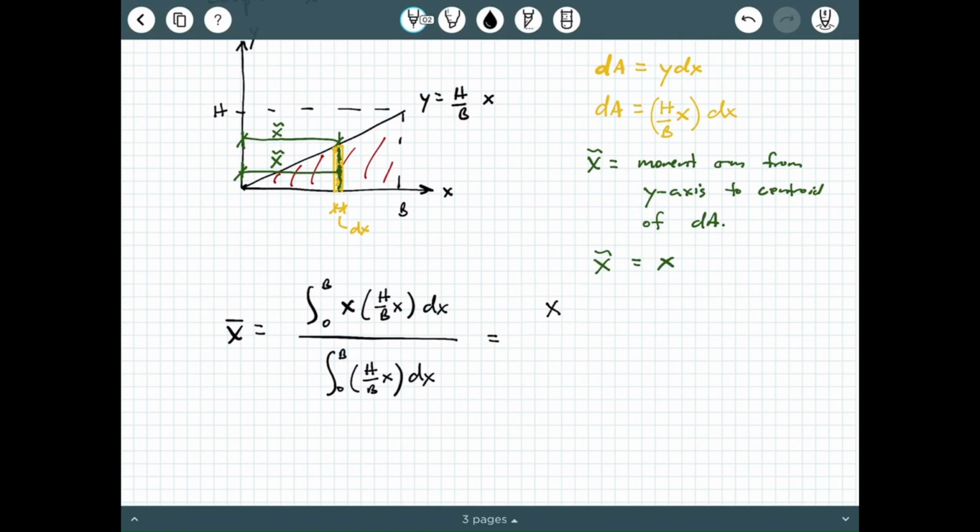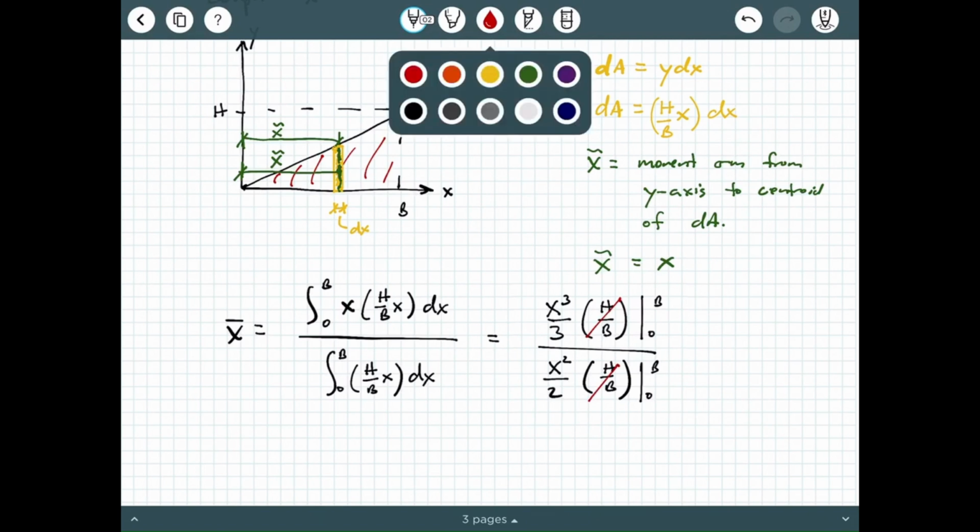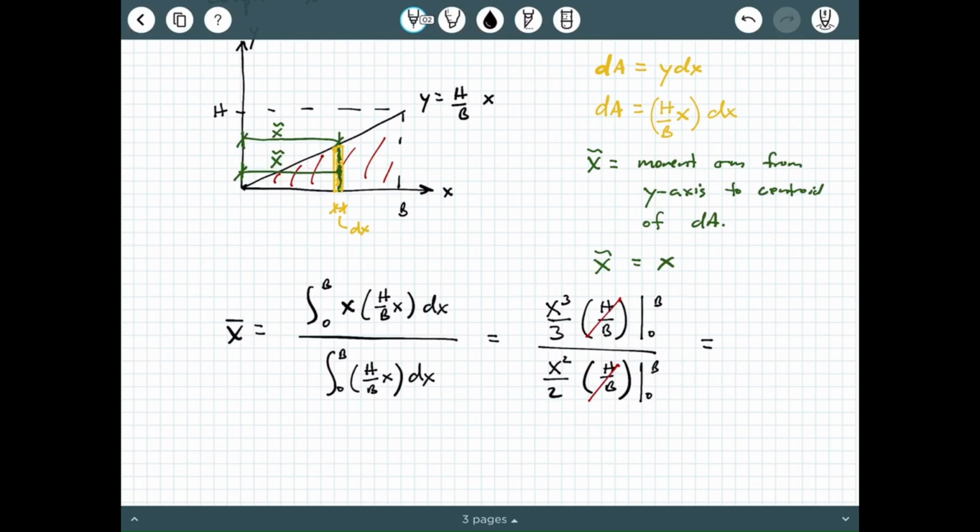So that numerator becomes x cubed over 3 times h over b, of course, evaluated from 0 to b. And then the denominator becomes x squared over 2 times h over b, evaluated from 0 to b. So now that we've evaluated the integrals, we can see some convenient cancellations. We have an h over b and an h over b that are just constants, so those cancel.